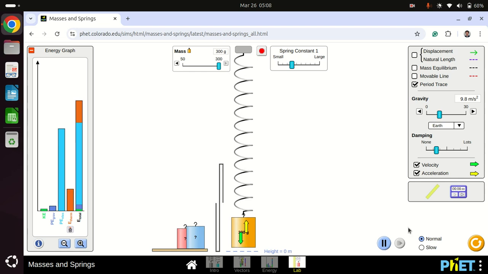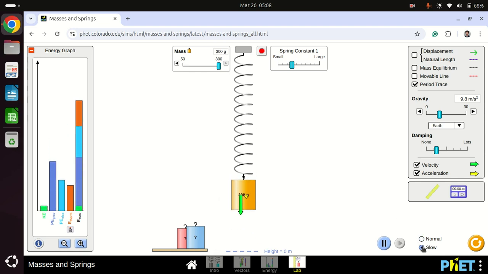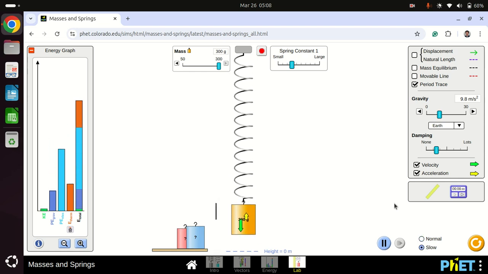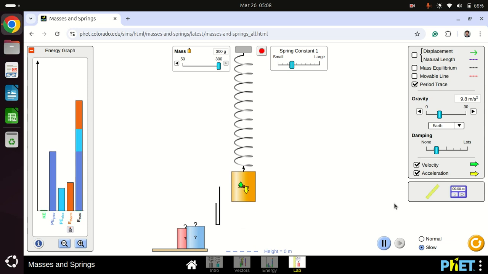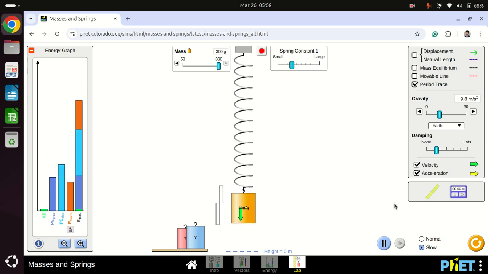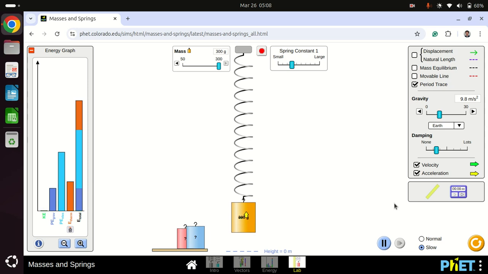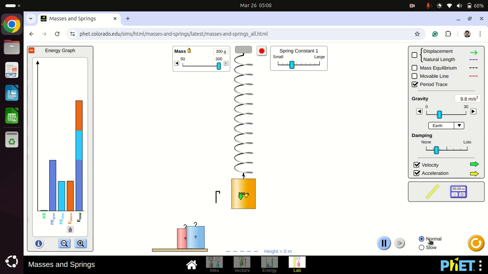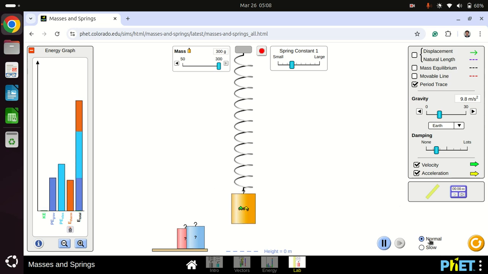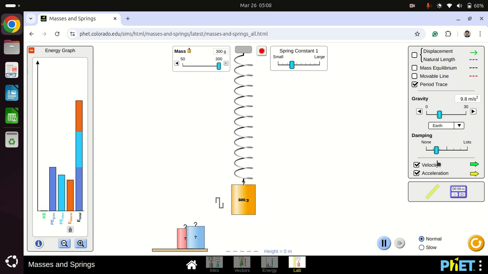Now you can again slow this down and observe, and after slowing down you can measure the period of the spring. I will make this normal, and you can change the gravity here, you can change the damping here, right?